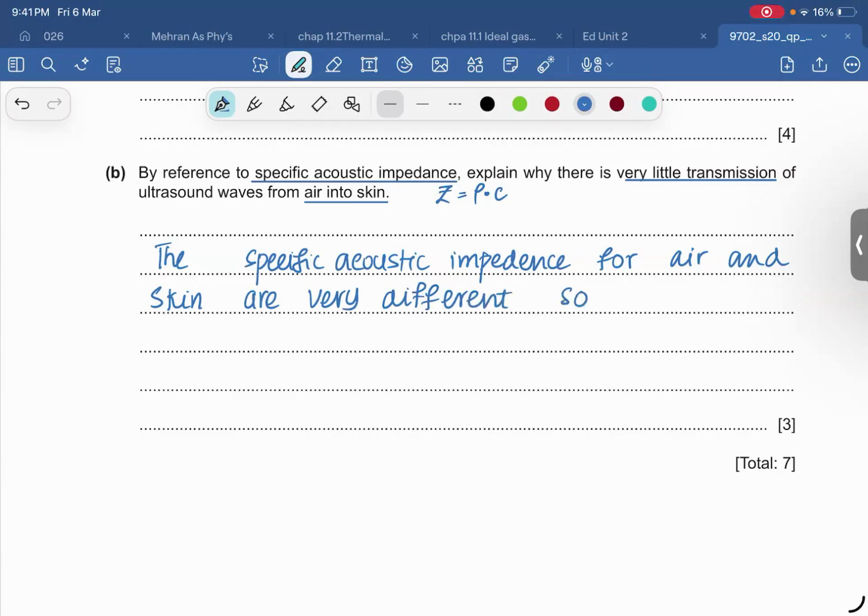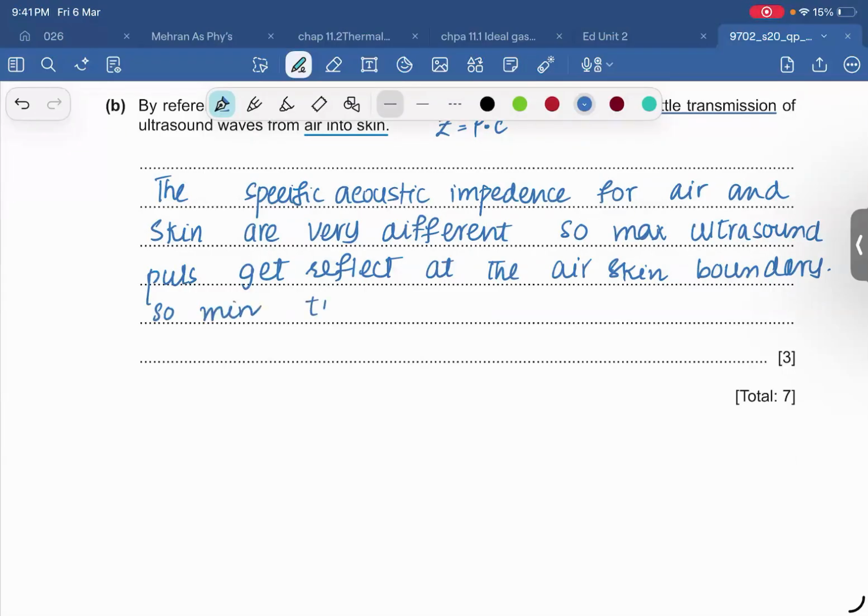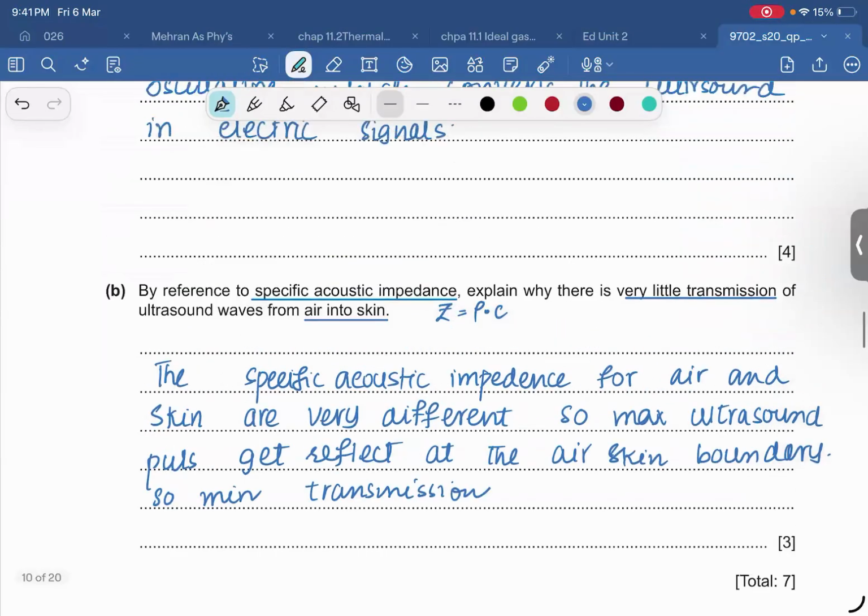So the maximum ultrasound pulse gets reflected at the air-skin boundary. So minimum transmission.